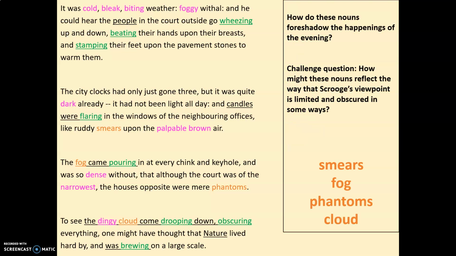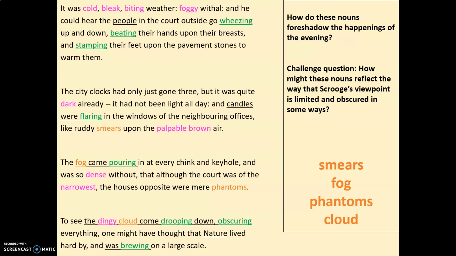And now onto the nouns. I've identified 4 in orange. There are more in the text, so you can have a look at those as well if you wish to. Think about how these nouns foreshadow the happenings of the evening, and also this challenge question: how do these nouns reflect the way that Scrooge's viewpoint is limited and obscured in some ways? So although this particular extract focuses on the setting, it does develop the character of Scrooge.